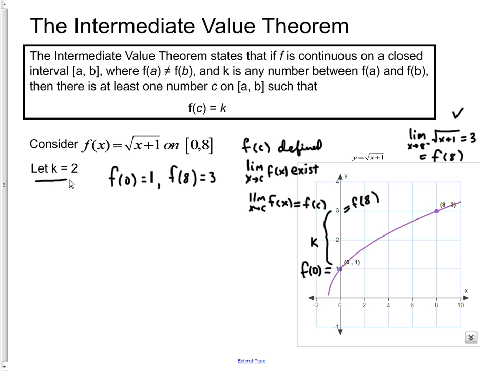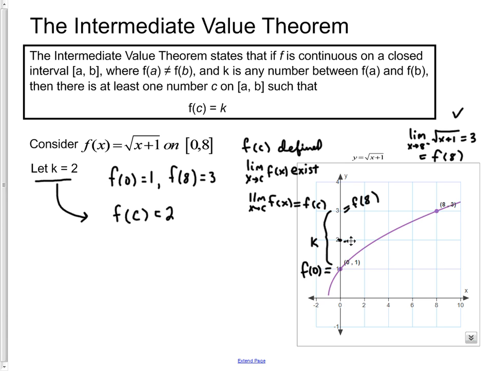So as an example, let's consider k equals 2. Well, if k equals 2, then by the conclusion of this theorem, there has to be some value of c such that f of c is equal to 2. So here's 2.